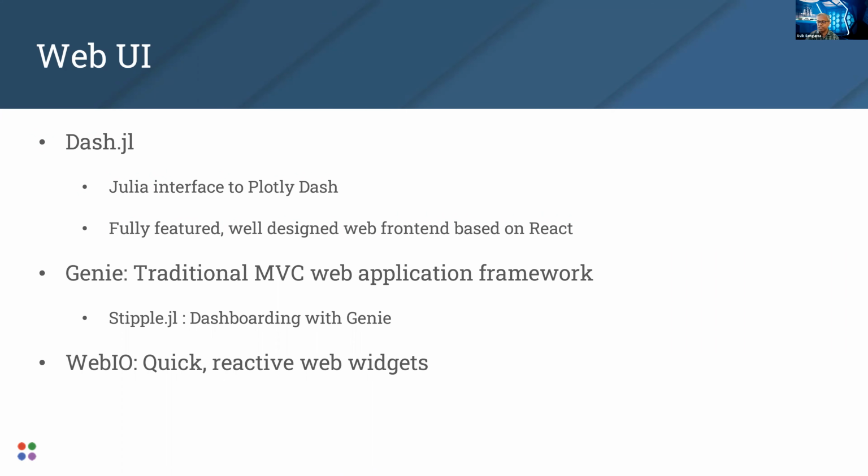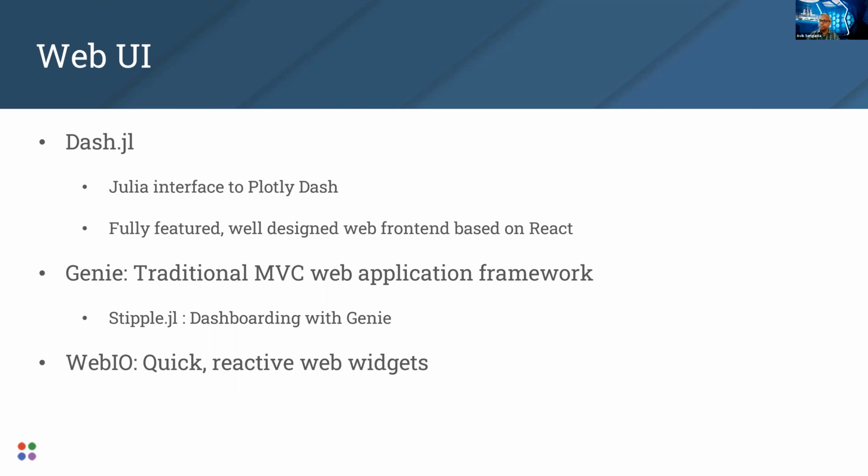So you don't have to write JavaScript, you write Julia handlers, and everything is deployed as an HTML web app, right? It looks really nice, it looks slick, and I would recommend using it as the fastest way of getting a web UI up and running.